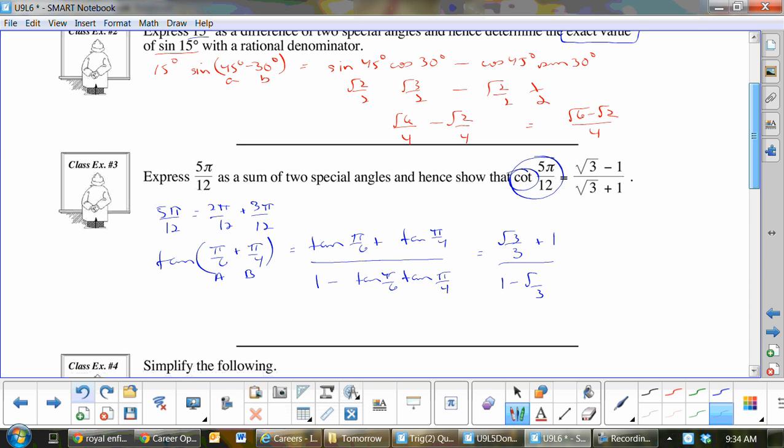Okay. And tan pi over 4 is 1. Okay, so this is root 3 over 3 plus 1 over 1 minus root 3 over 3.